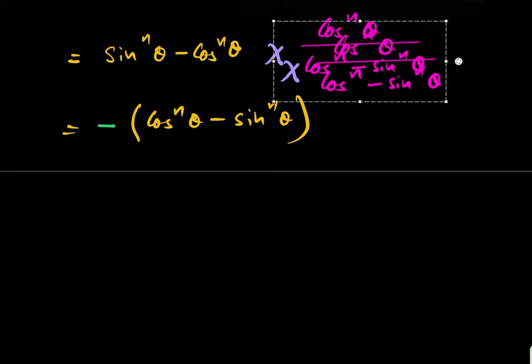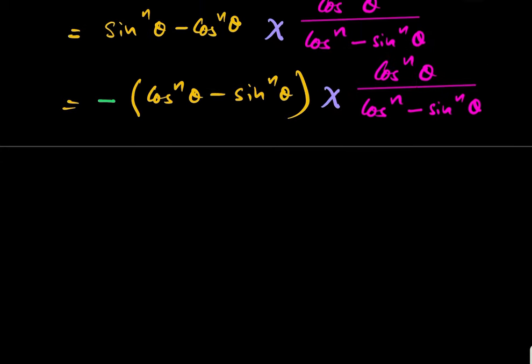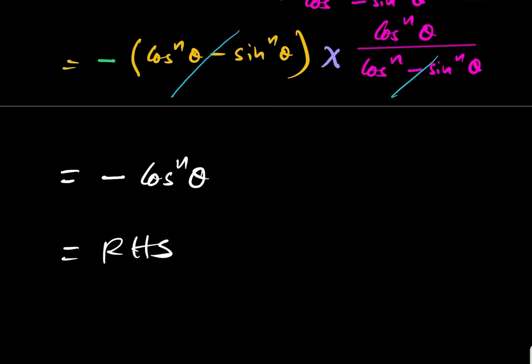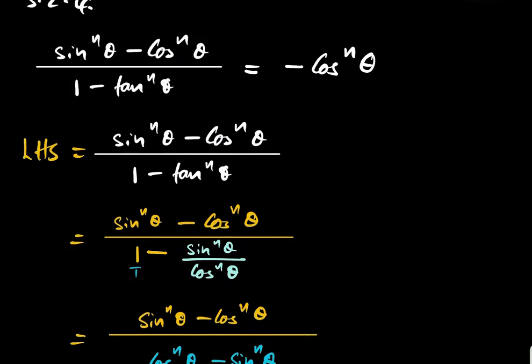Let's just duplicate them. So now you can do your maths the way you want, which is to say that this cancels with that, and this leaves you with this negative here and cos to the nth power of theta, which is the right hand side. This is how you'd go about this question.